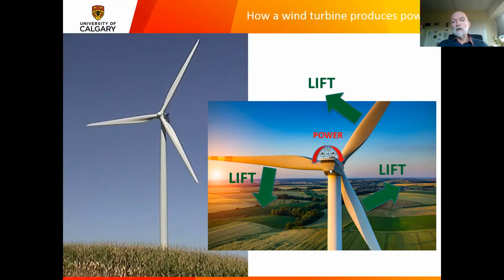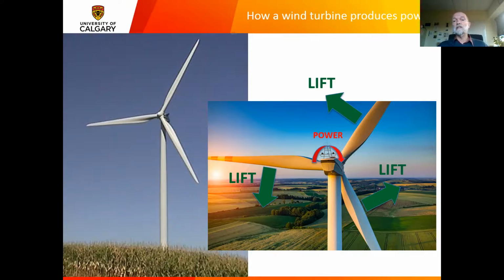And the way in which a wind turbine works is that the blades of the wind turbine obviously rotate, and they rotate because they generate lift in a very similar way to the way in which an aircraft wing generates lift.